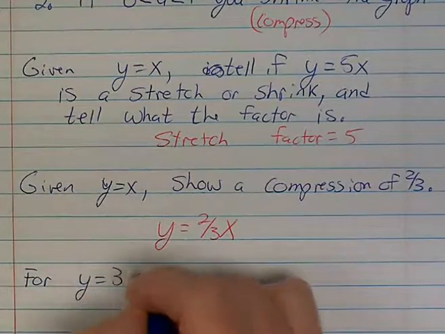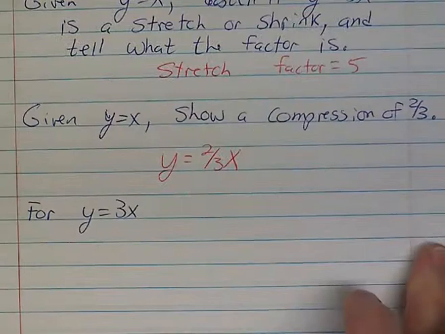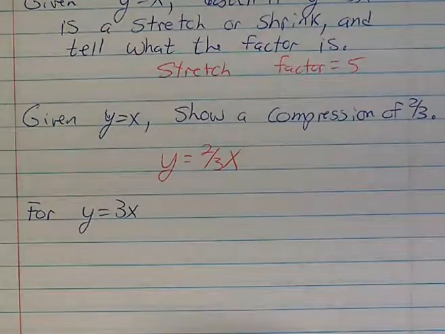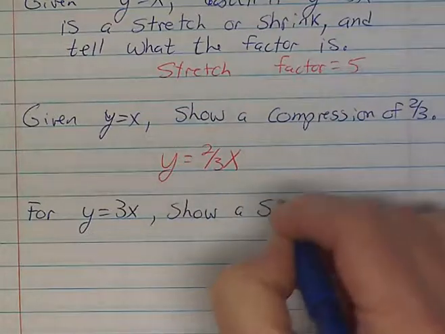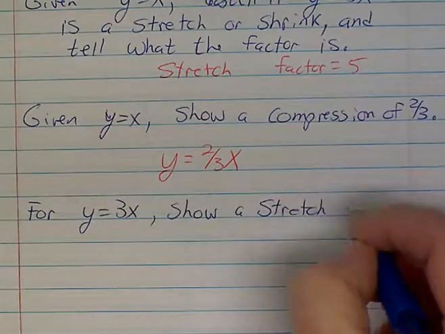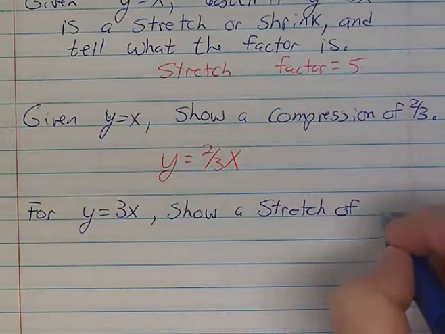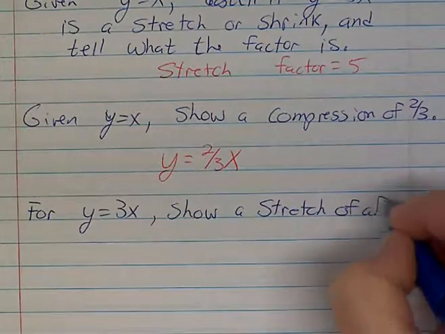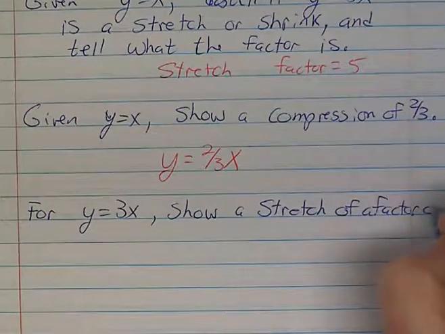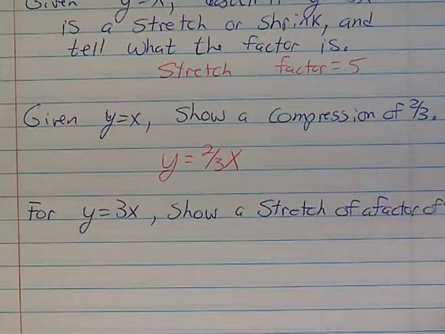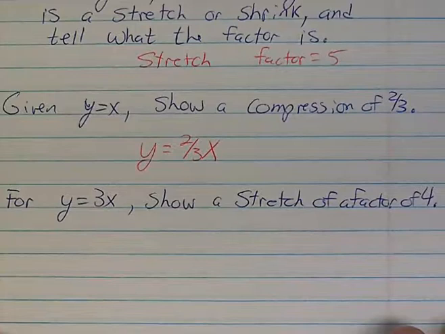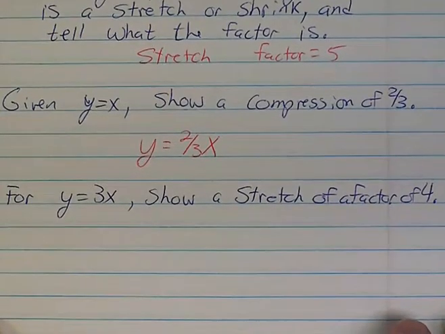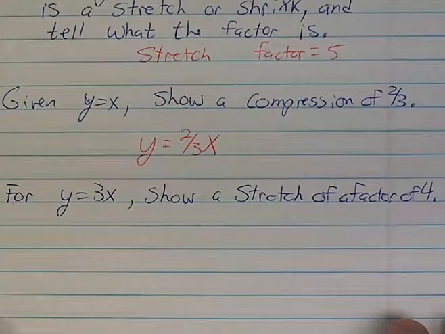The only thing they might do is give you a slightly different equation in the beginning. They may say, all right, for y equals 3x, show a stretch of a factor of 4. A little different wording, but basically still the same thing.